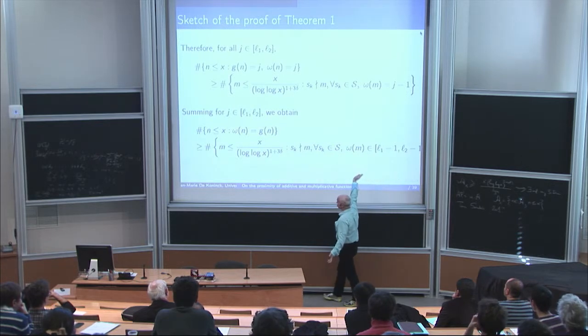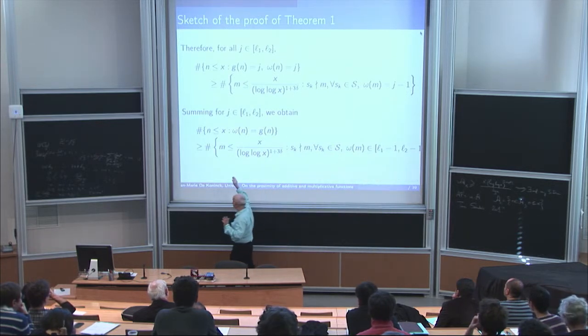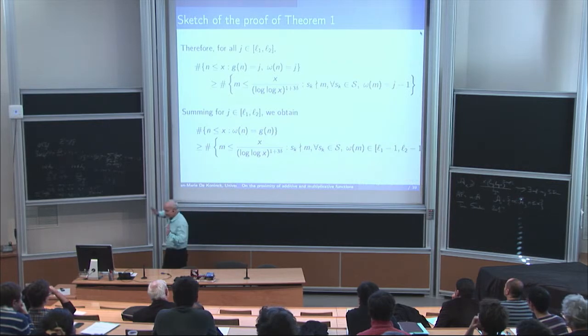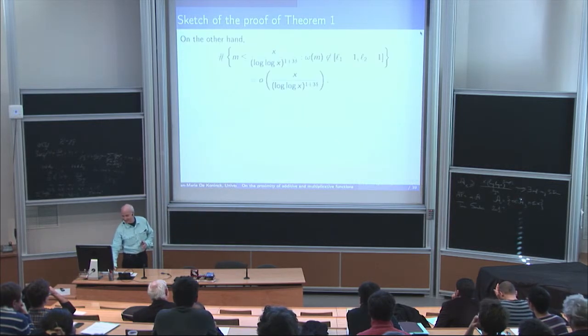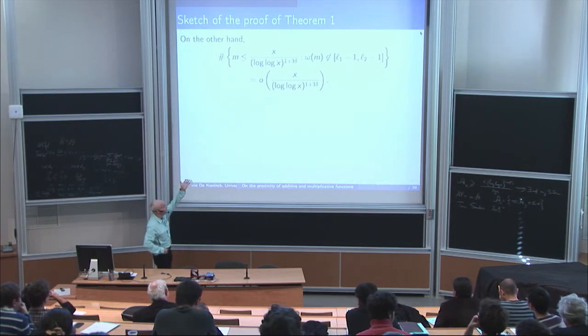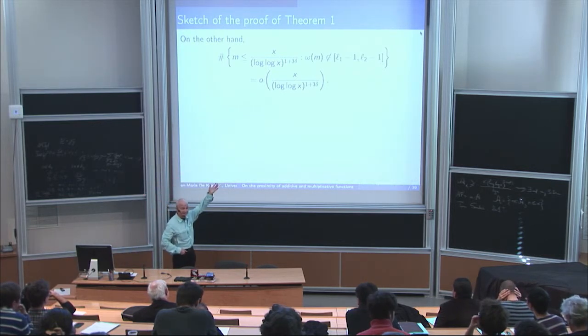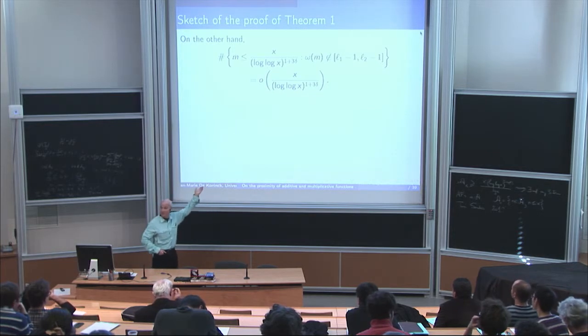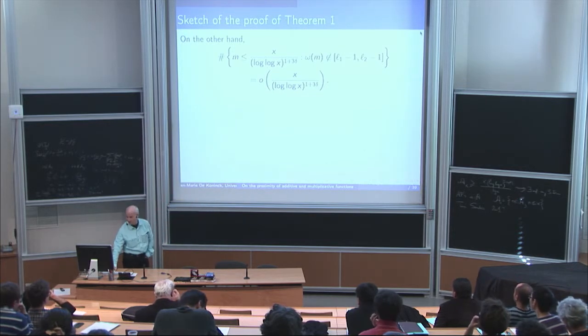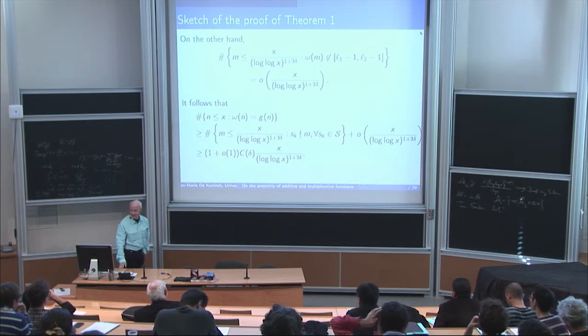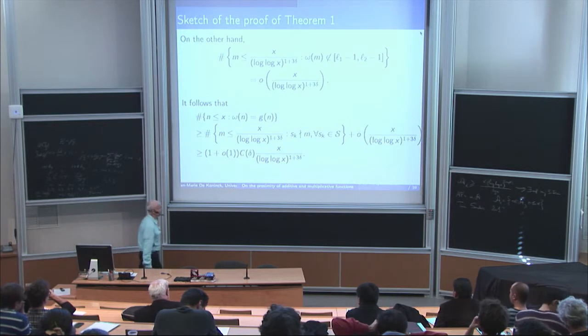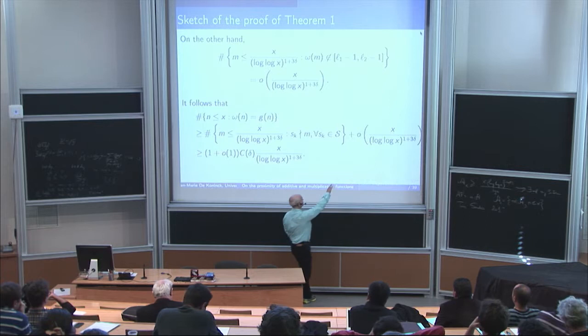Well, if we get rid of that, it's no problem, because it doesn't happen often. That is, the number of m up to that quantity where omega of n is outside that interval is very small. It's well known. So then I can introduce this error term here.